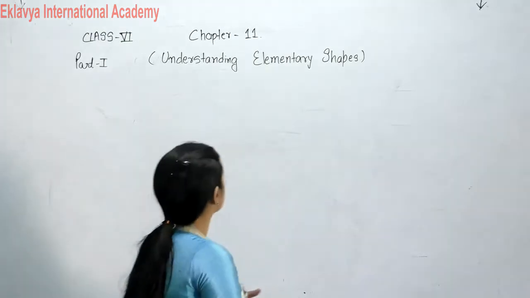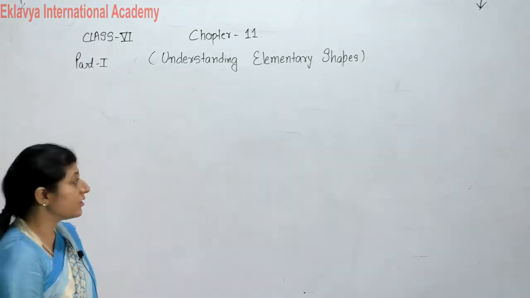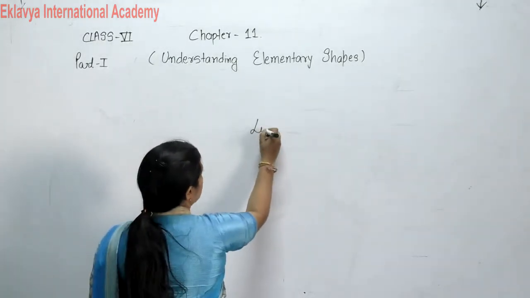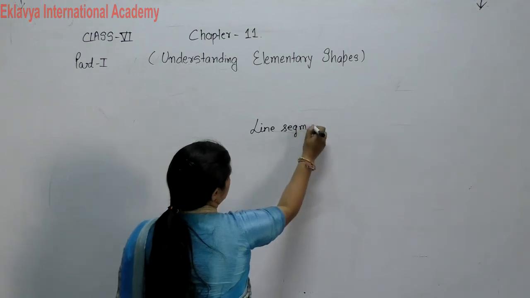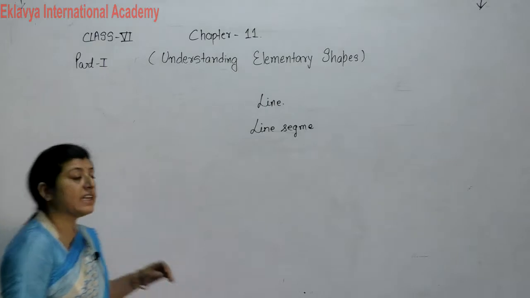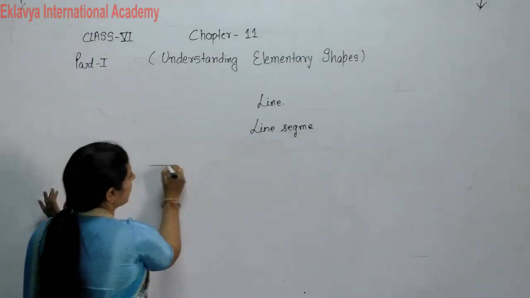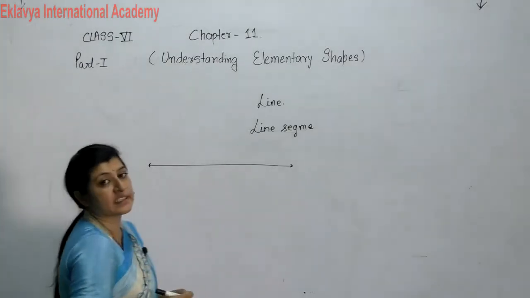See, in this chapter, Understanding Elementary Shapes, firstly we will learn about line segment and line. What is a line? A line has no end point and no fixed length.